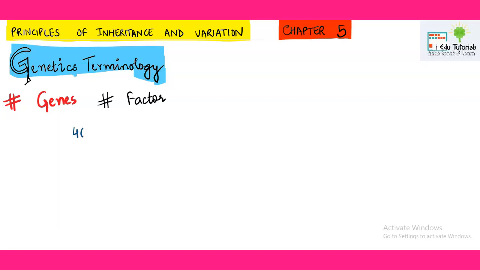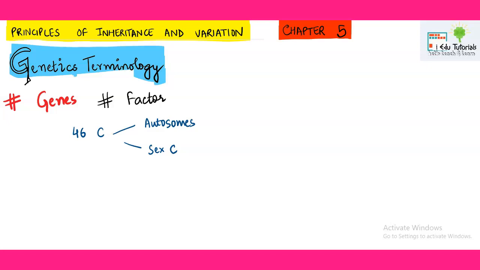You know that in each cell of the human body, 46 chromosomes are there. And those 46 chromosomes are divided into two parts. One is the autosomes and the other is the sex chromosomes. So if you have not watched my video on sex determination, please do so because it will help you in understanding what autosomes and sex chromosomes are.